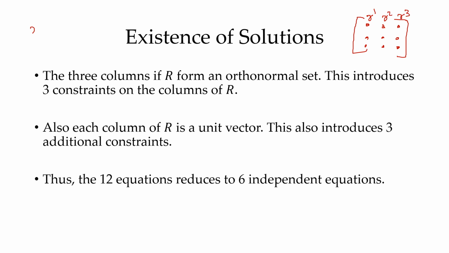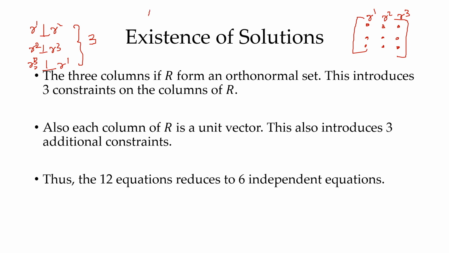So r1 is perpendicular to r2, r2 is perpendicular to r3, and r3 is perpendicular to r1. Because this is an orthonormal set, we get 3 constraints.